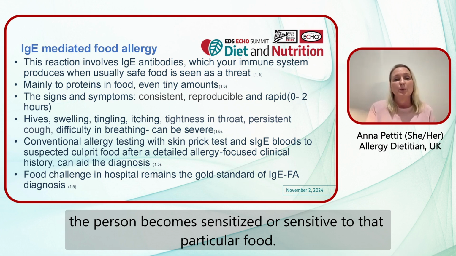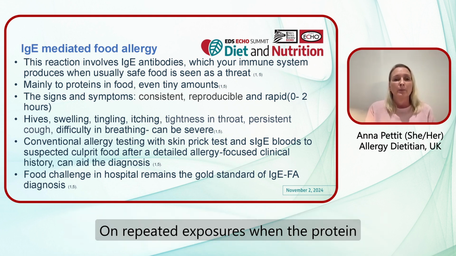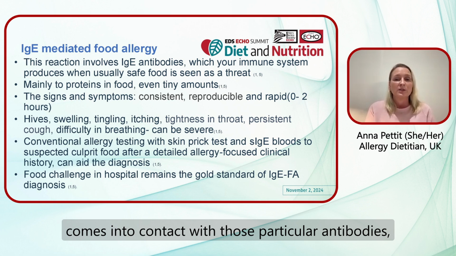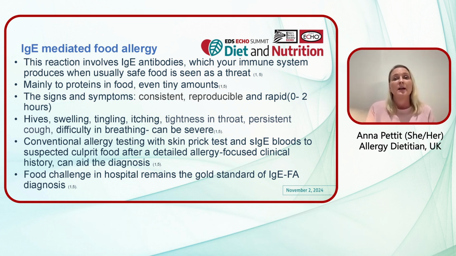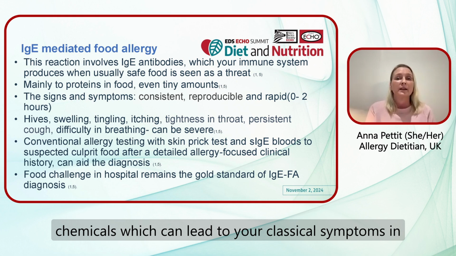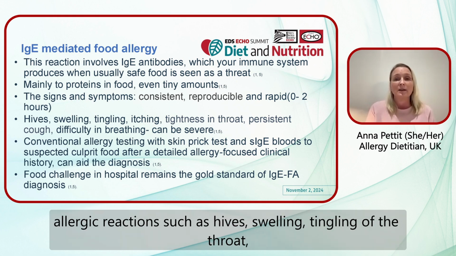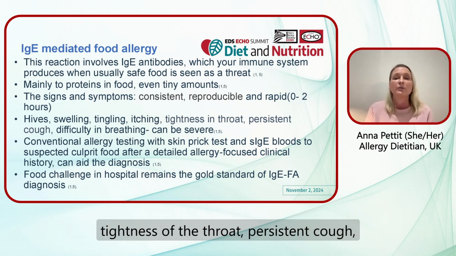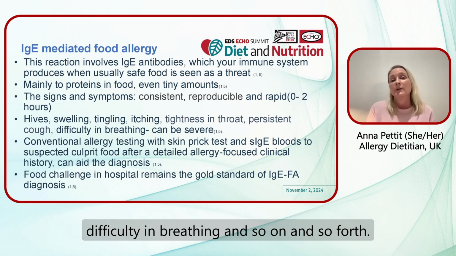On repeated exposures, when the protein comes into contact with those particular antibodies, this causes mast cells to release a lot of chemicals, which can lead to your classical symptoms in allergic reactions, such as hives, swelling, tingling of the throat, tightness of the throat, persistent cough, difficulty in breathing, and so on and so forth.